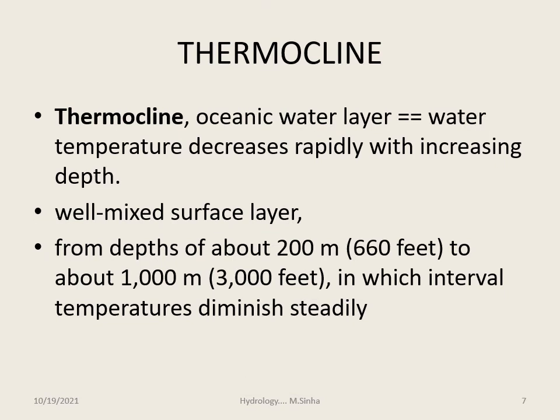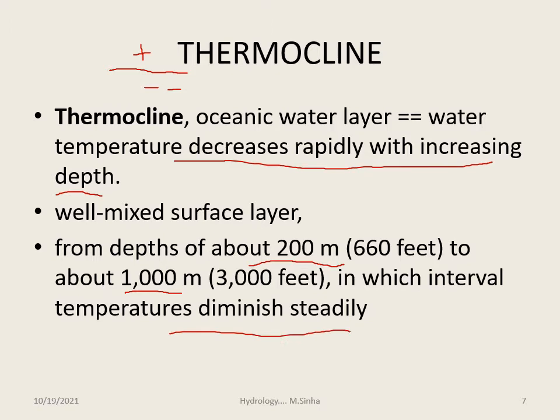Normally, the water temperature decreases rapidly with the increasing of the depth of the ocean water. Rather, the topmost layer of the ocean is warmer than its lower part. Okay. Normally, up to 200 meters, the temperature is more or less uniform, or isothermal in condition. But below 1000 meters, the temperature falls very rapidly.